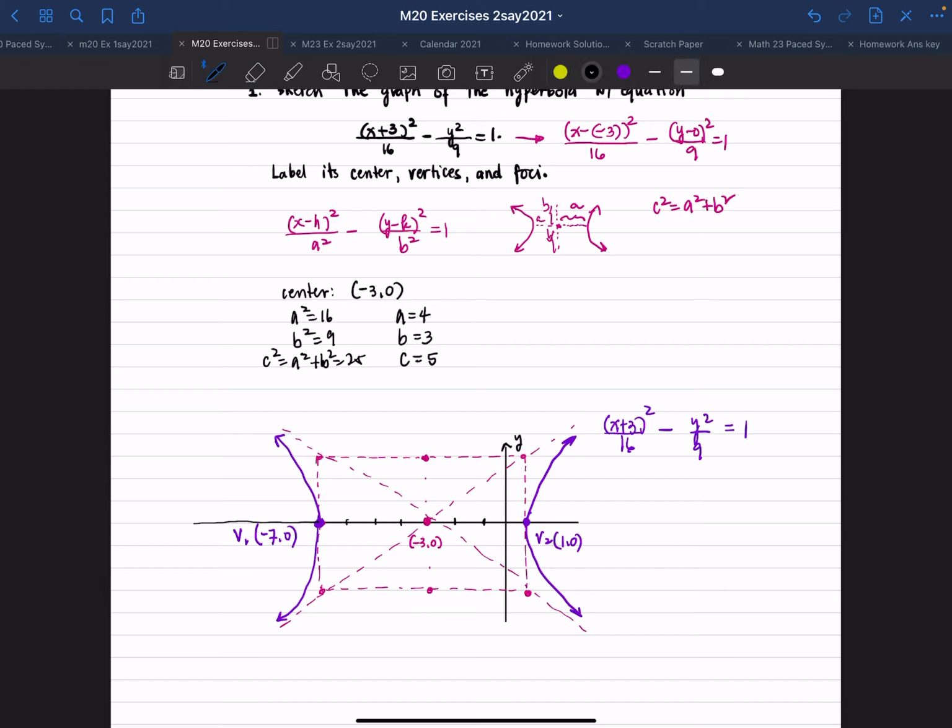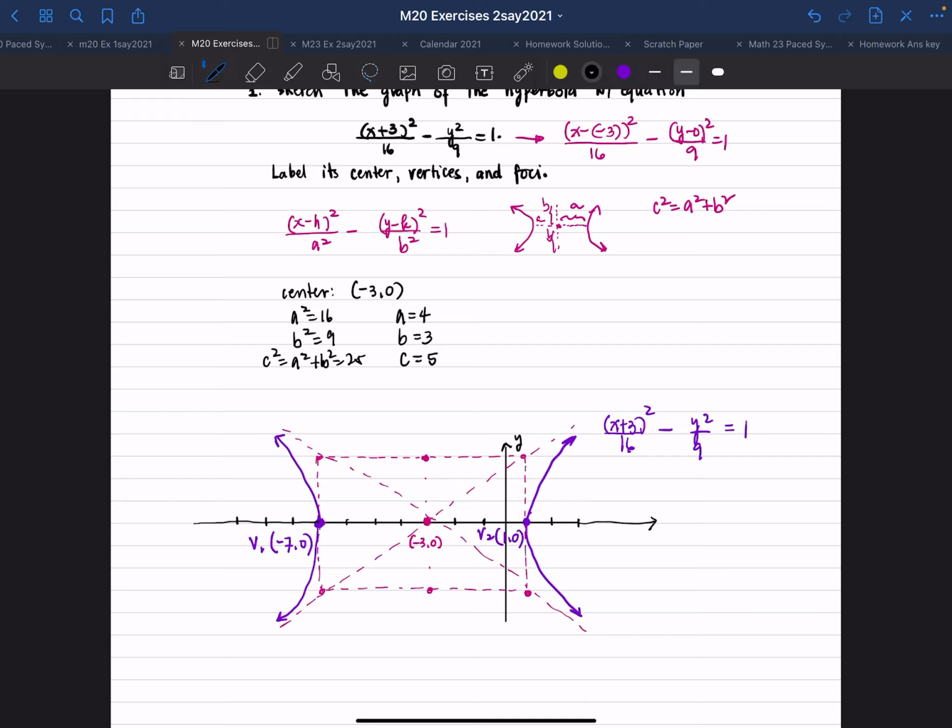Ito yung mahirap when sketching the graph of a conic. You have to adjust your axis accordingly. Which is ganun talaga, no? Bura-bura kayo pag sa papel. That is normal. That's why you need to have scratch paper for that.